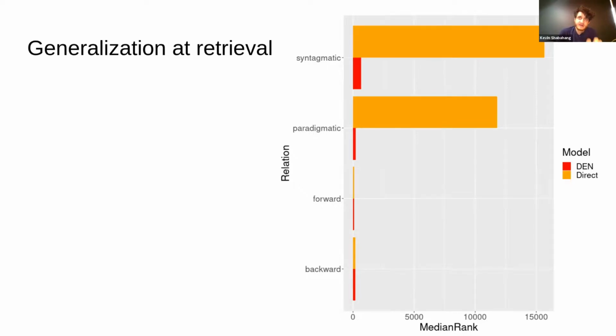But it's pretty much the same for forward and backward associations, which suggests that the syntagmatic and paradigmatic information is emerging online through recurrence.